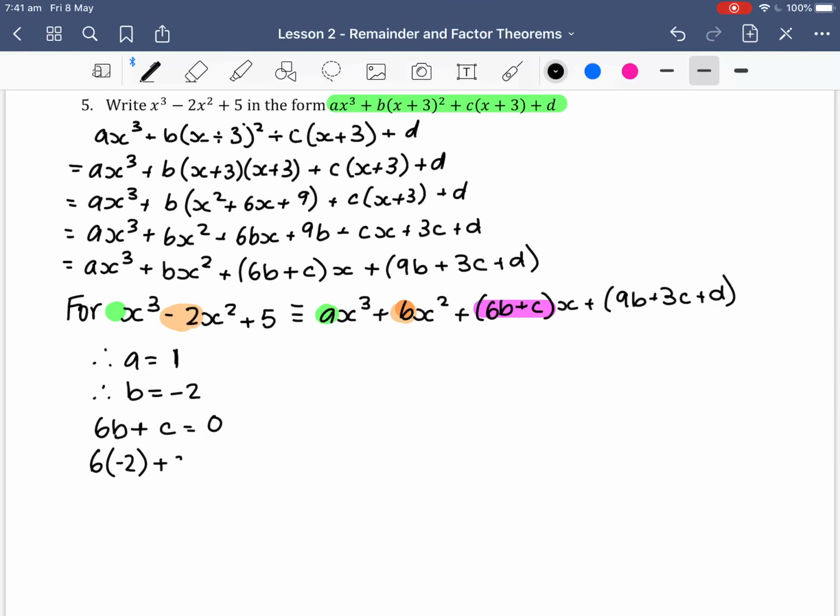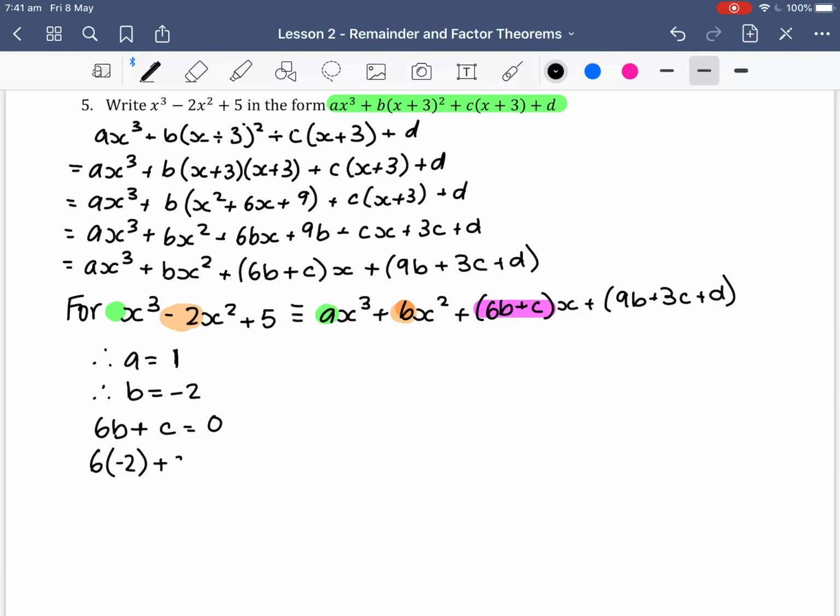And then we need to find out what d is. So for our constants, we have 5 equals 9b plus 3c plus d. So we go 9b plus 3c plus d equals 5. We sub in our b and our c because we already know them.